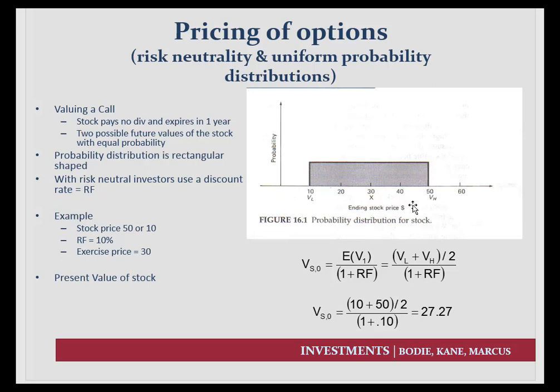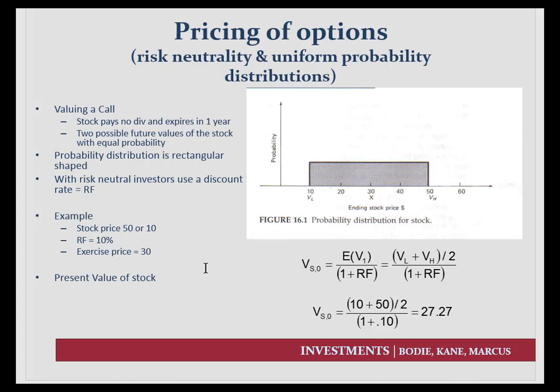The future price will either be $50 or $10. Since we're talking about equal probability, this is what's referred to as a uniform probability distribution. If we have a risk-free investor, we always know we're going to use the risk-free rate of return. Let's assume we have an exercise price of $30.